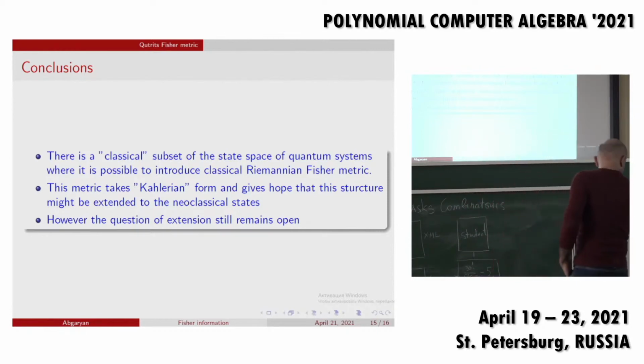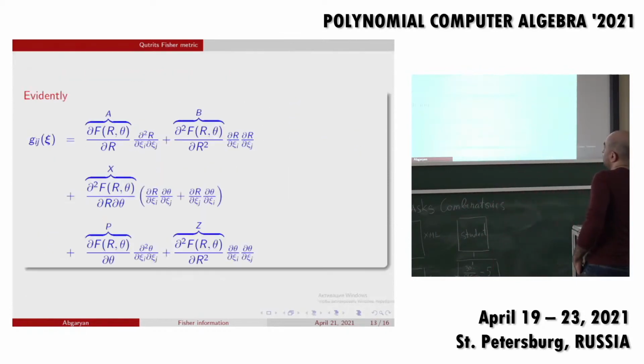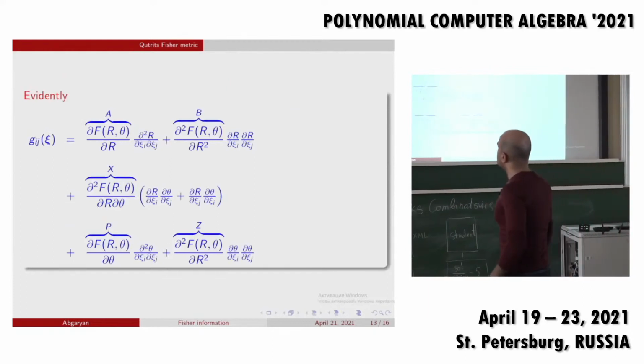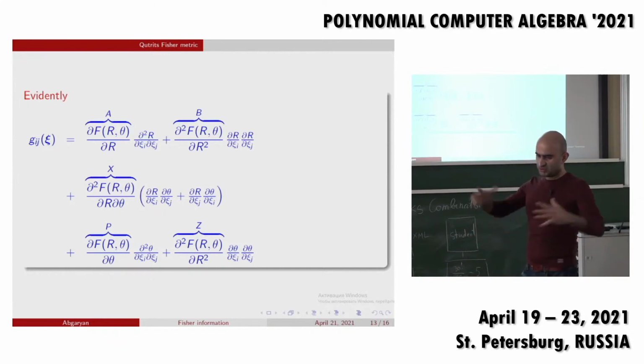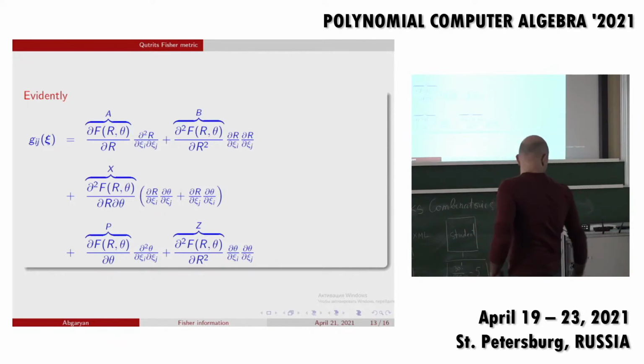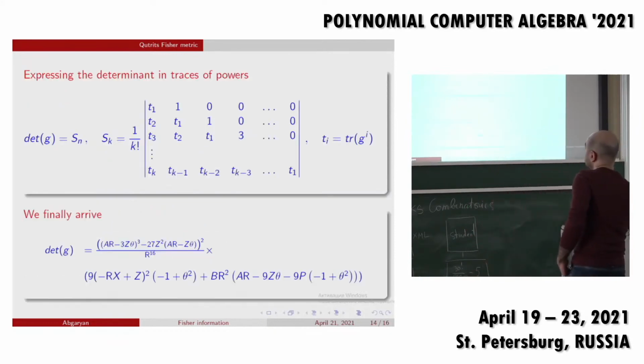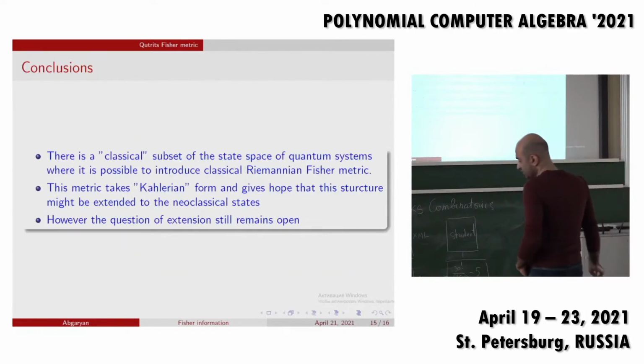However, the certain covariance structure of the metric tensor leaves some hope that it will be possible to extend the definition to the whole state space. And the third question, which is not less important, concerns the monotonicity of the metric that we have computed.